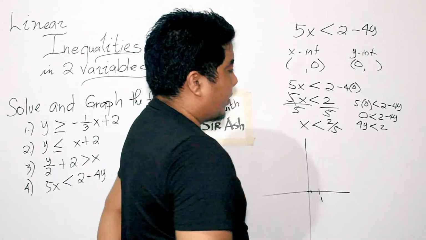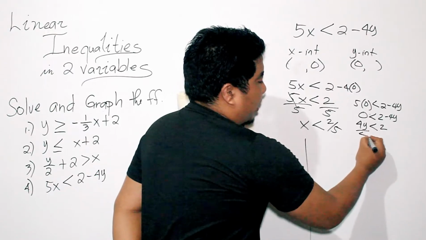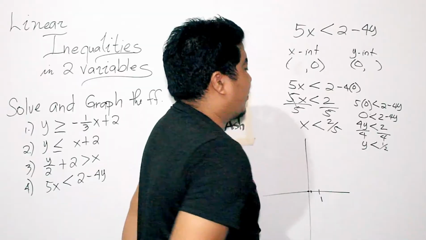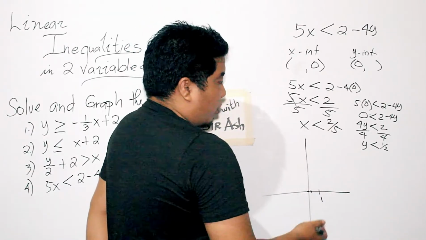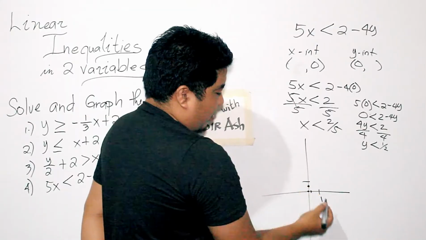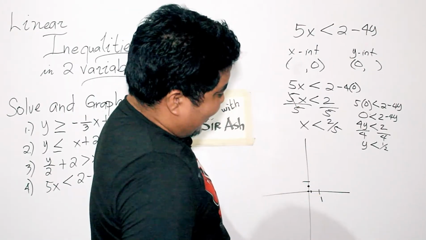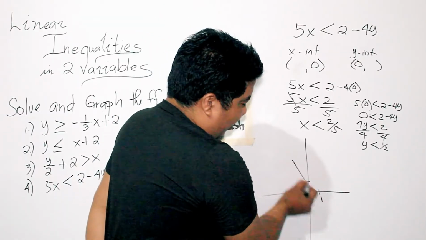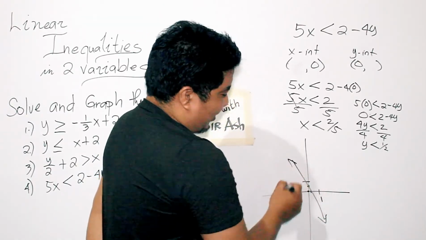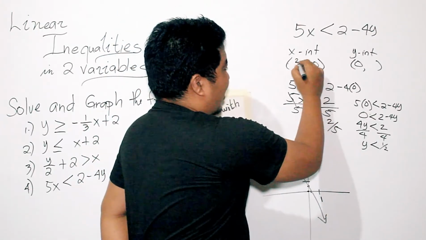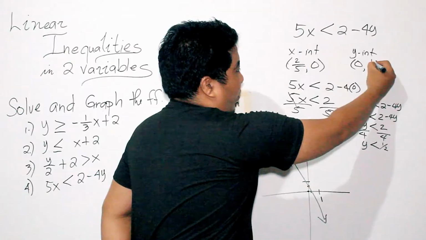Okay, and then we divide both sides by 4, so y is less than 1/2. So 1/2 is here. If this is 1, your 1/2 is here. So it's so little. Okay, so if we graph that one, that will look like this. Okay. Now, basically, sorry. So we just write 2/5 here, and we just write 1/2 here.